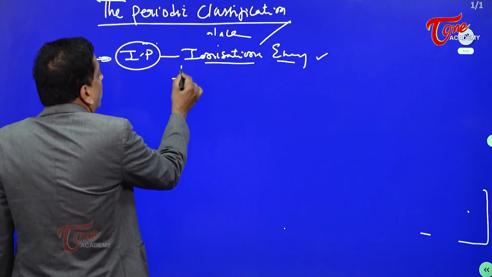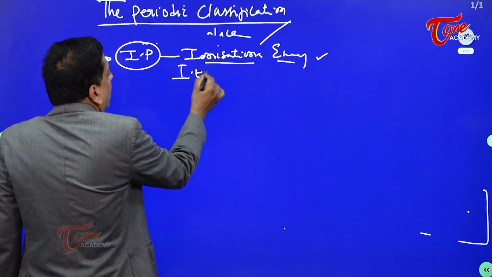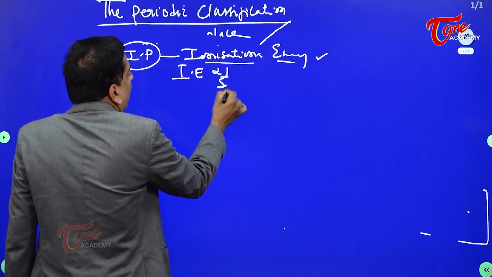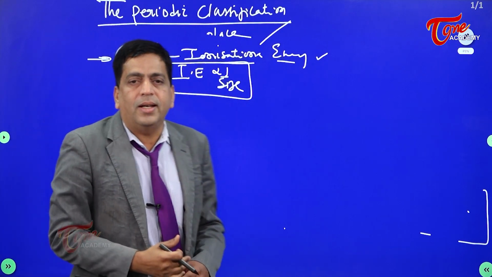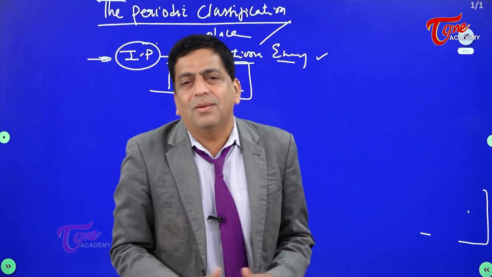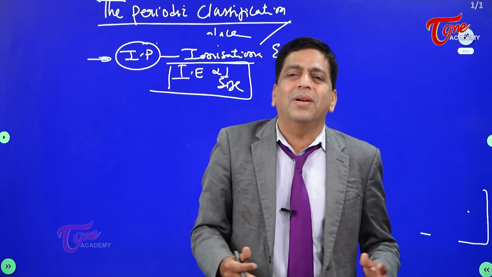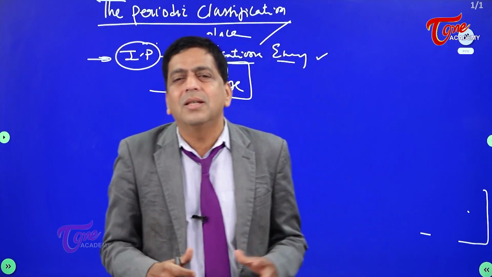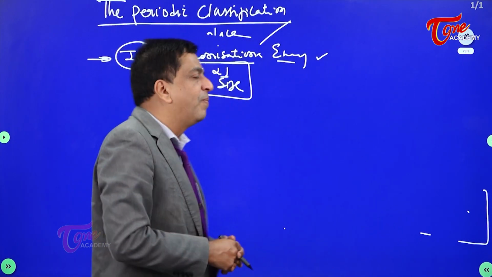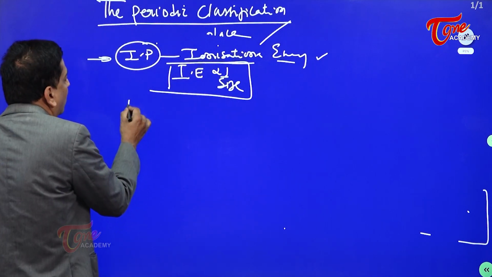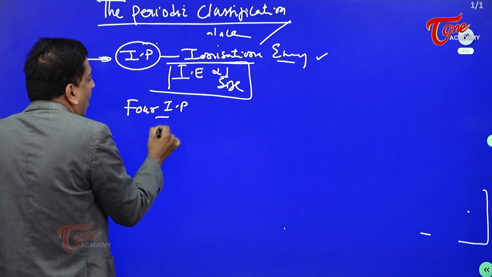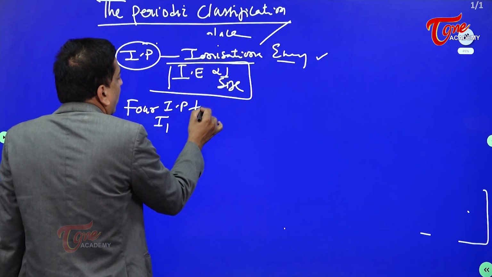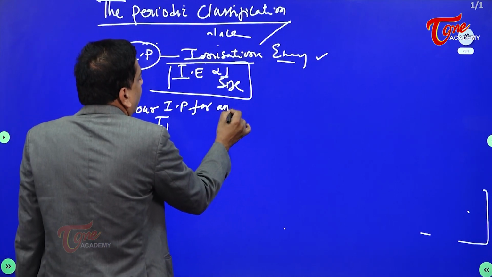So IE is inversely related to the size: smaller the size, greater is the ionization energy. This is important for the exam. What are the questions given on this? He will give you 4 ionization potential values, I1 and so on, 4 IP values for an element.